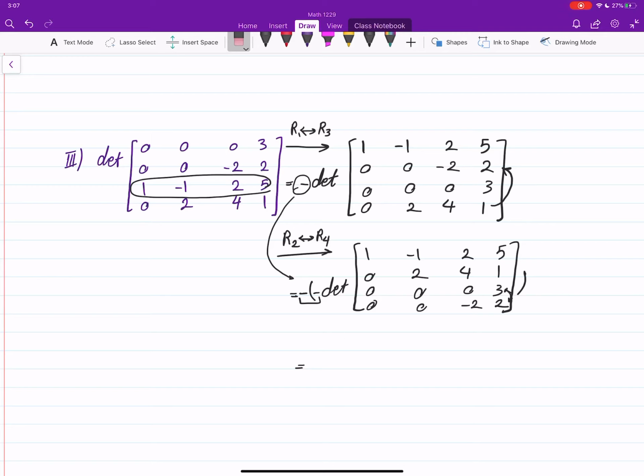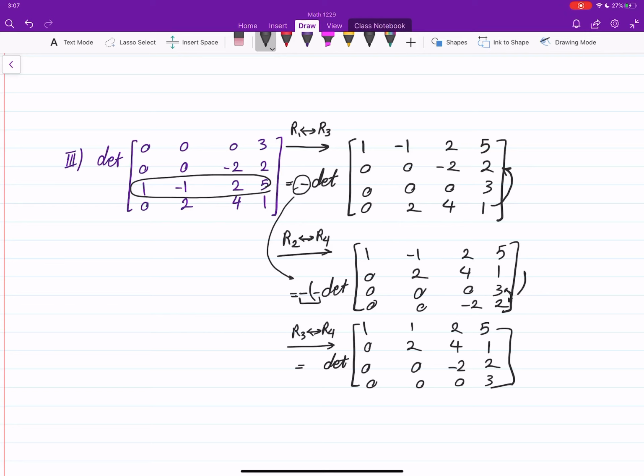And then now I want to interchange row 3 and row 4. This way, I will have 0, 0, negative 2, 2. Here will be 0, 0, 0, 3, and then 0, 2, 4, 1, 1, negative 1, 2, 5. And again, since we interchange two rows, the determinant will be multiplied by a negative sign.